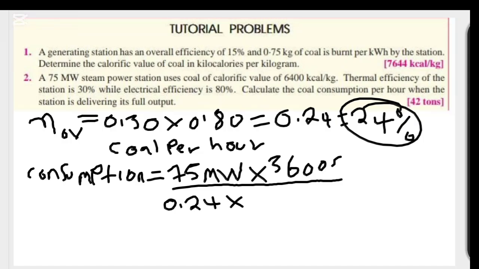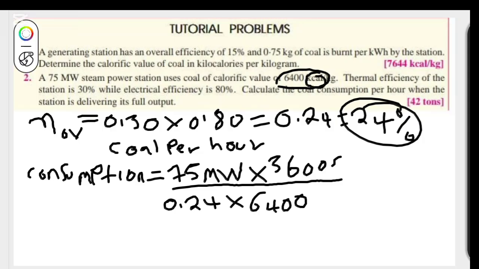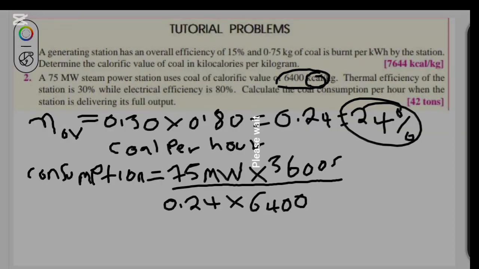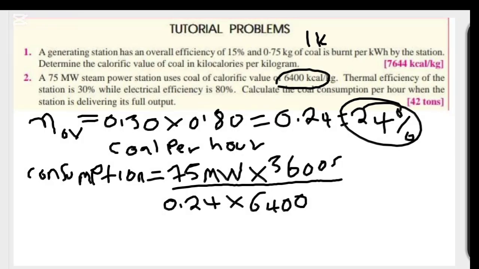So I have to multiply by the calorific value, which is 6,400. You have to take note that kcal is kilocalories, and 1 kilocalorie is the same thing as 4,186 joules per kg.